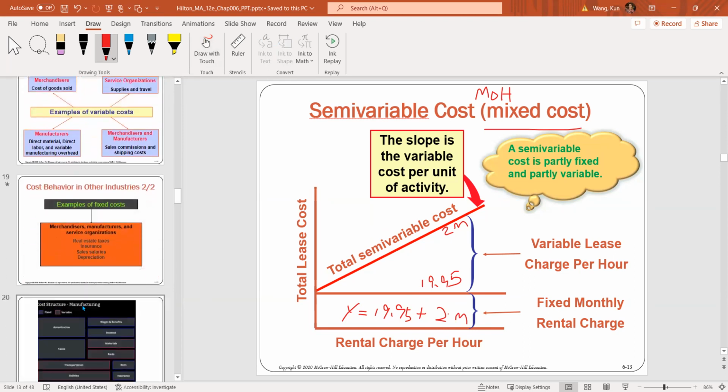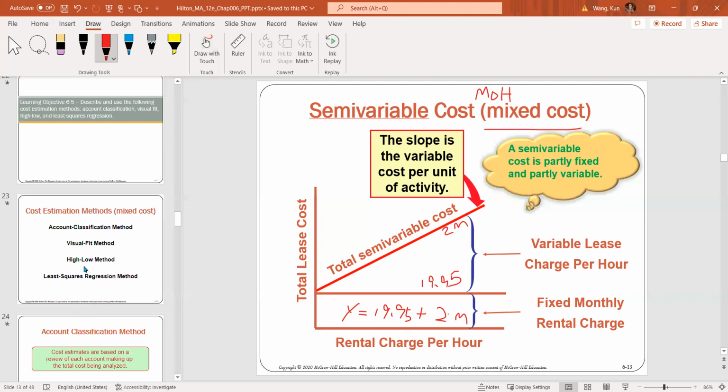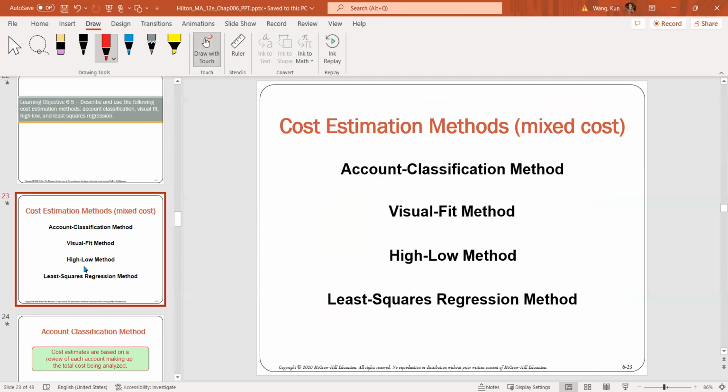And then in reality, if you see a mixed cost, what are the common techniques to help us break down the mixed cost and construct a linear model? Historically, based upon different conditions, you can consider one of these. I would say the least squares regression is more popular because now we have even Excel, which can perform simple linear least squares regressions.